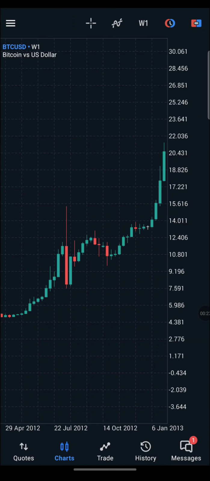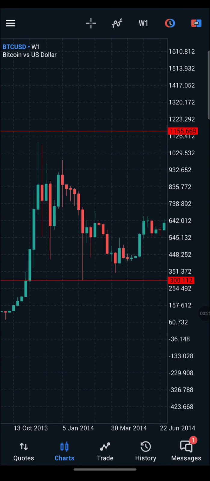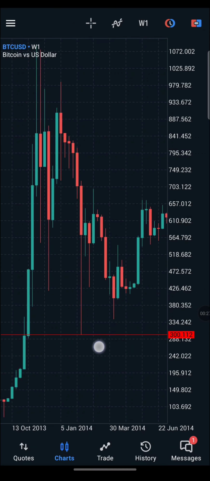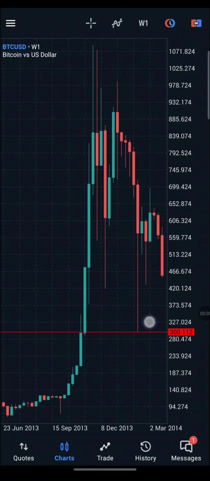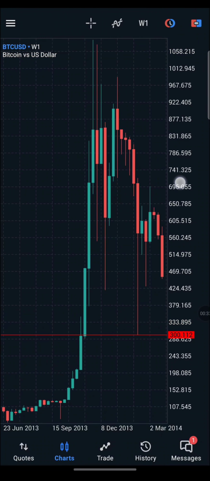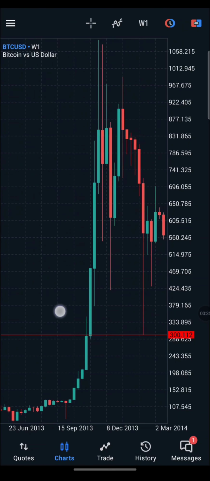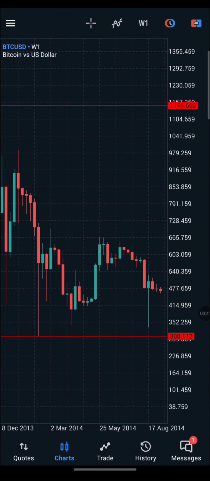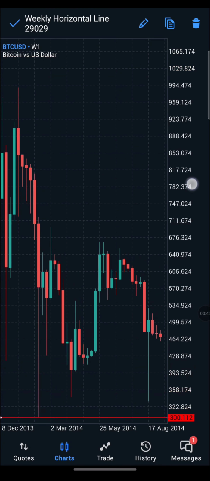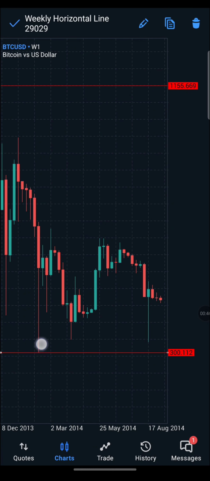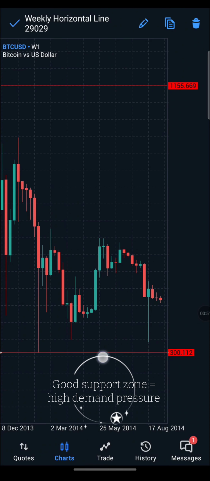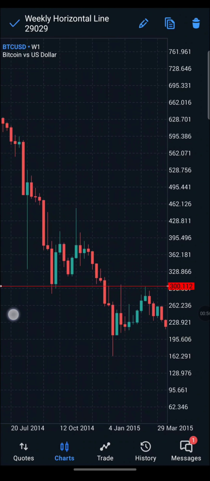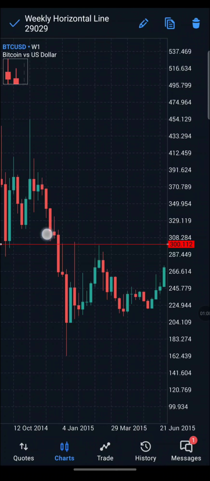Looking at the first horizontal line here, we're able to notice that this area is a high demand zone because of these bullish candlesticks that we're observing here, and the bearish candlesticks that come to this point and reject this price, hence making this area a good support zone. Therefore, it's a strong buying area or buying pressure.